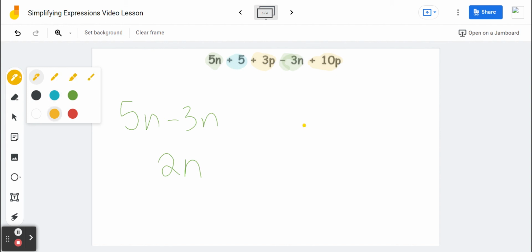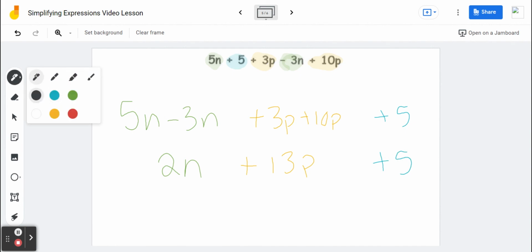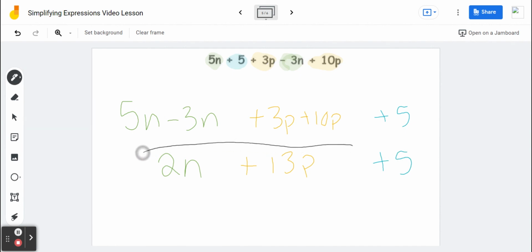P terms are in yellow, so plus 3p plus 10p. If I had 3 p's and I add 10 p's, that means I now have 13 p's. And the last thing is the constant, but that's not being combined with anything, so that just stays a plus 5. So my simplified expression is 2n plus 13p plus 5.